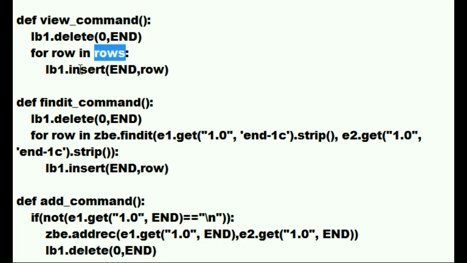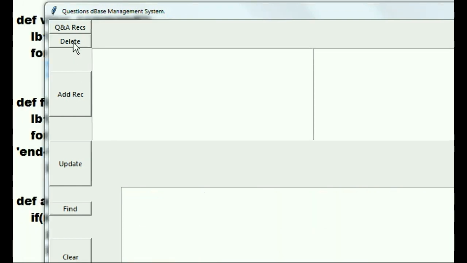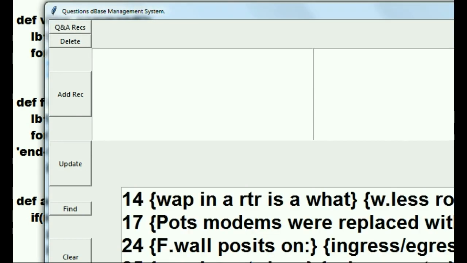And as explained before, it then goes in and row by row inserts each row into the list box, and it keeps doing this on and on up until it gets to the end of the data. And of course, again, this is the result. Here's the before, and here's the after when I click on Q&A Recs. All the records go in.